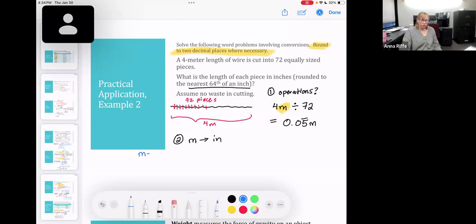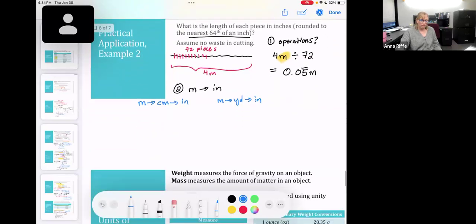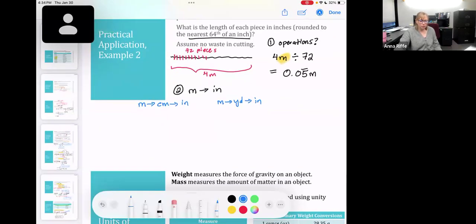We could go from meters to centimeters to inches, or we could go from meters to yards to inches. Those are both paths that we could take. I think I'm going to do this latter one, because that'll allow me to just do 2 different unity fractions, and I can do my multiplication all at once.